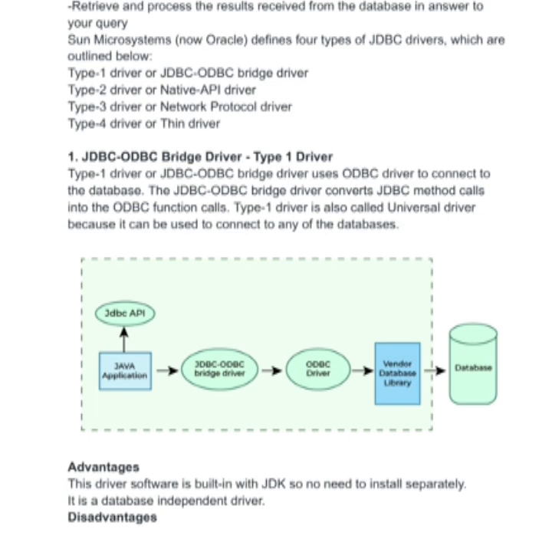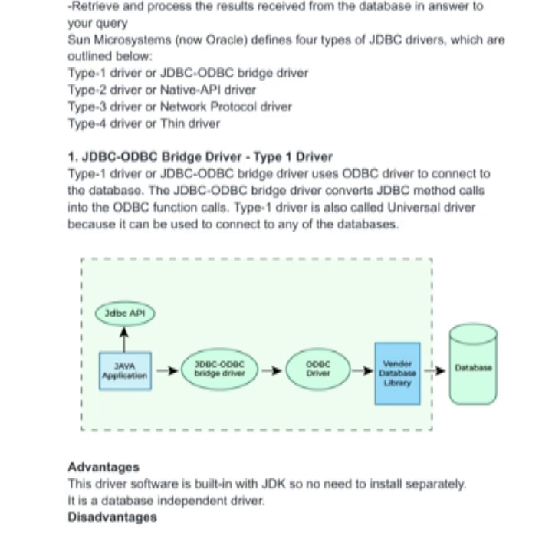So let us understand the first driver, JDBC ODBC bridge driver or type 1 driver. Type 1 driver uses ODBC driver to connect to the database. The JDBC ODBC bridge driver converts JDBC method calls into ODBC function calls.